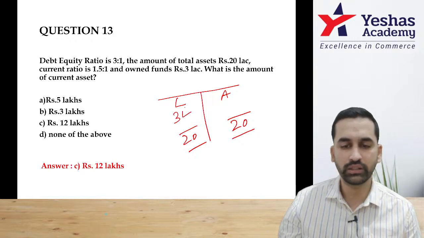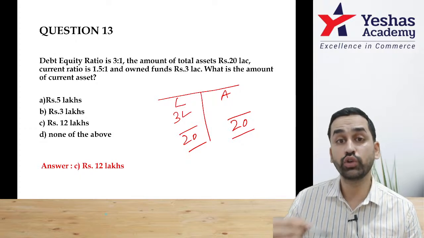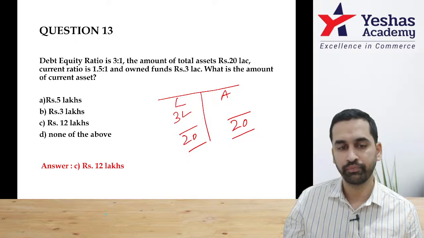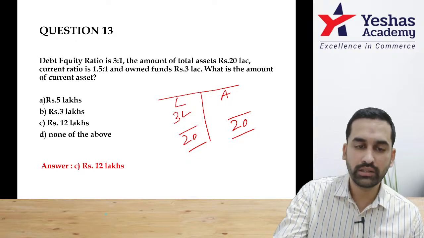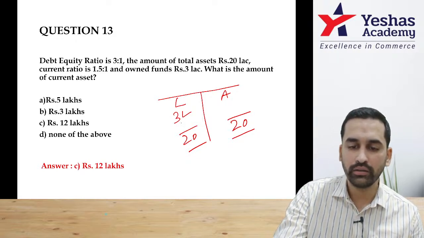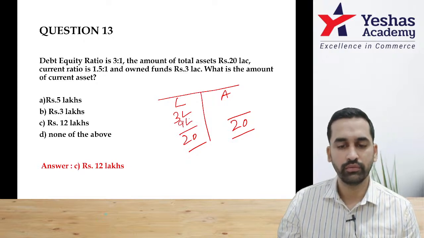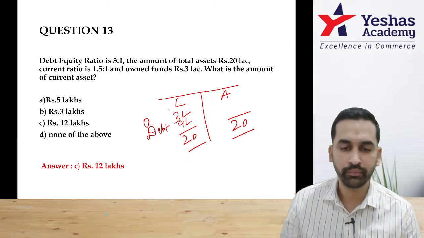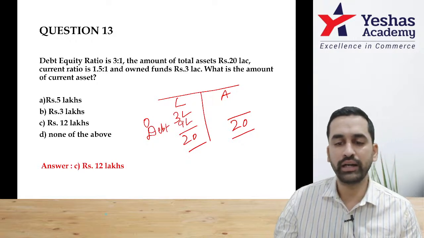Owner fund means shareholders fund. And debt equity ratio 3 is to 1. That means debt is 3 times. Able to follow? That means debt should be 9 lakh rupee. So this is owner's money. This is debt money. And then what is the amount of current asset?